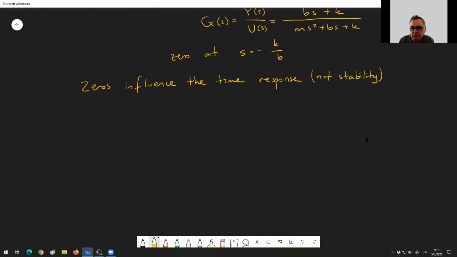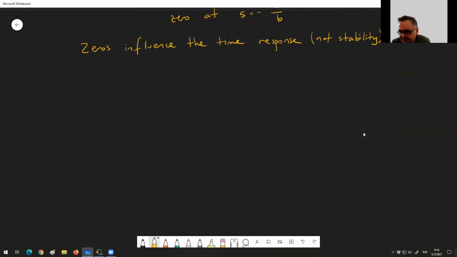If you look at the pole zero pattern of these systems, let's say this is real and this is imaginary. Let's say that the poles are complex conjugate. Now, if you have a zero of a system, if it's here, for example, it doesn't have much of an influence on the system response. If it gets here, for example, if it's on the order of the poles, it has an influence, and this zero here has a lot of influence.